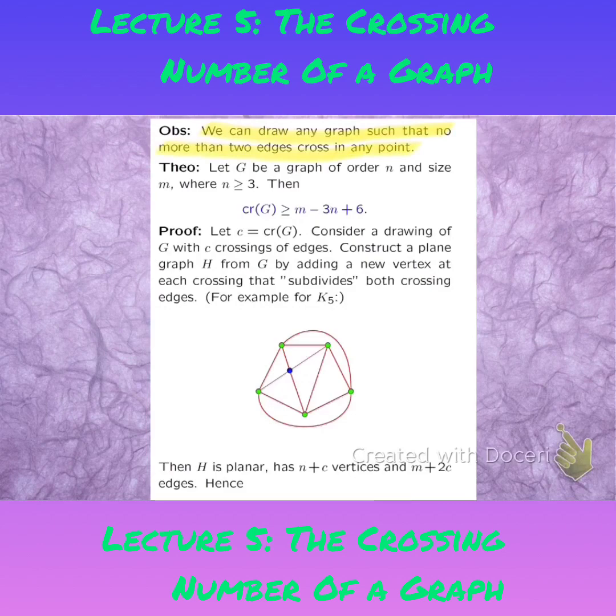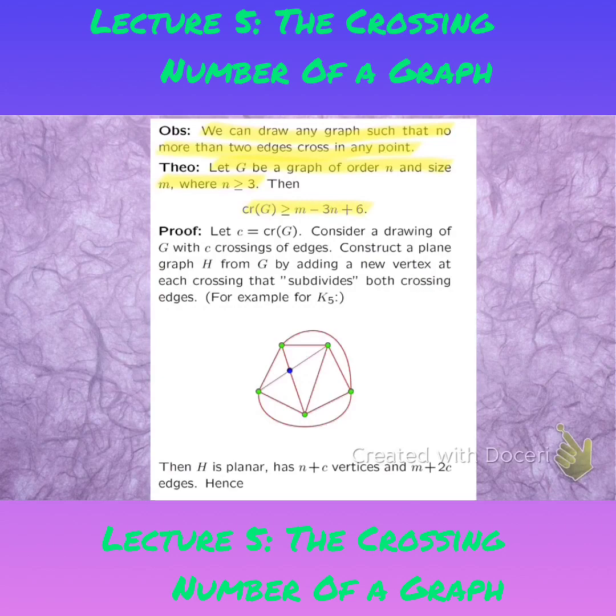So now what we're going to do is, when we draw a graph with crossings, we're going to convert that graph into a planar graph. And how would one do that? You would essentially place a vertex at each crossing, and you would construct a new graph, which is going to be a planar graph. So this brings us to the following theorem. If G is a graph of order n and size m, where n is at least 3, then the crossing number of this graph is at least m minus 3n plus 6.